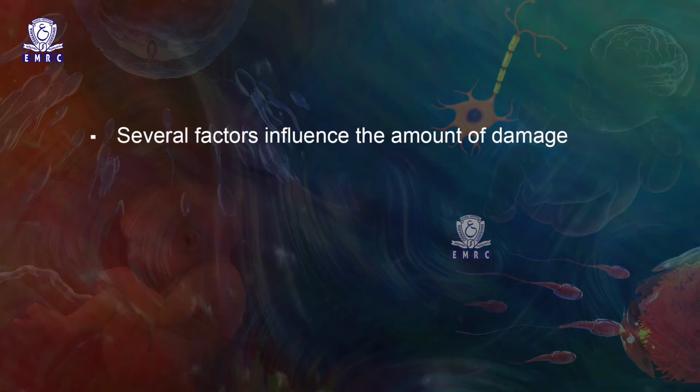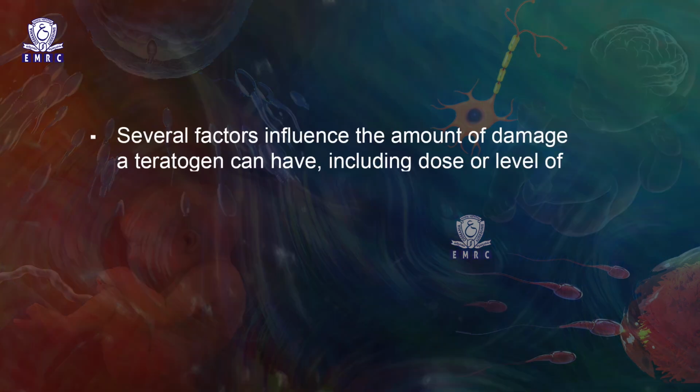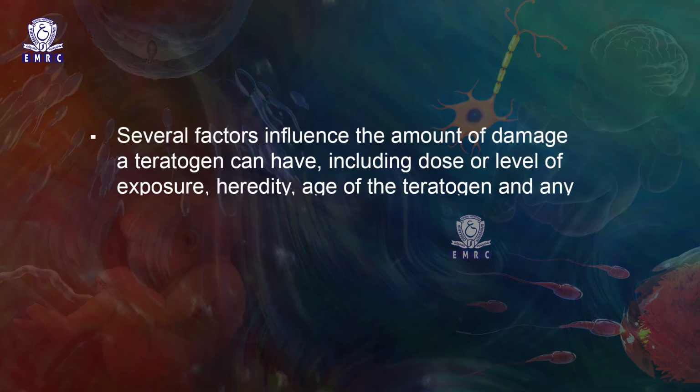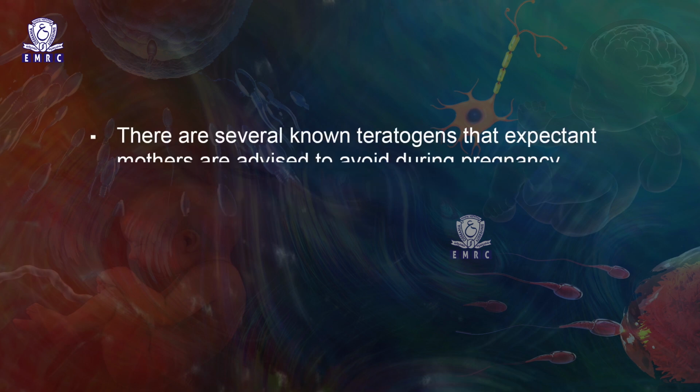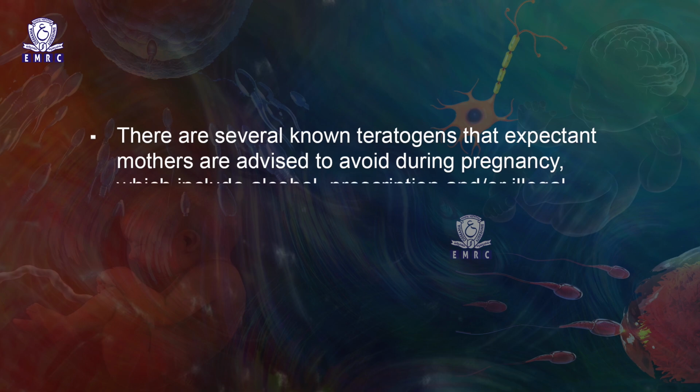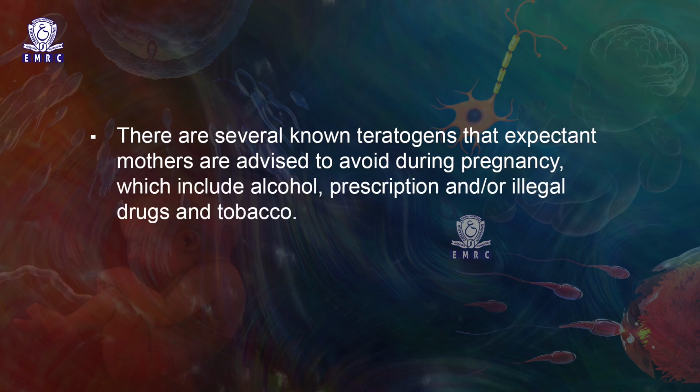Several factors influence the amount of damage a teratogen can have, including dose or level of exposure, heredity, age of the teratogen, and any other negative influences. There are several known teratogens that expectant mothers are advised to avoid during pregnancy, which include alcohol, prescription and or illegal drugs, and tobacco.